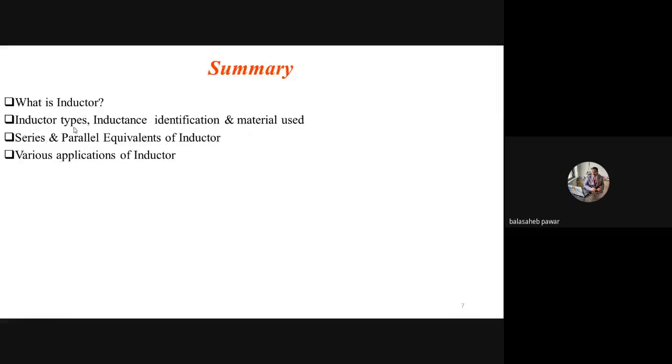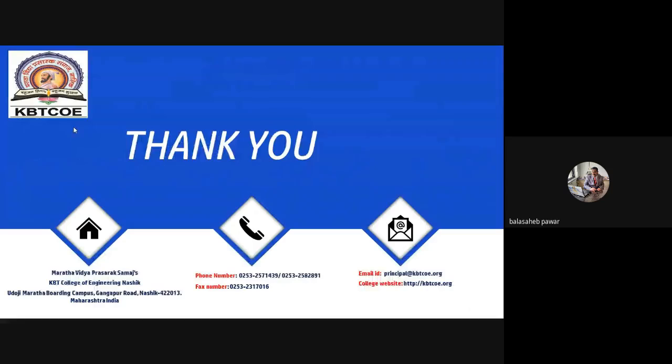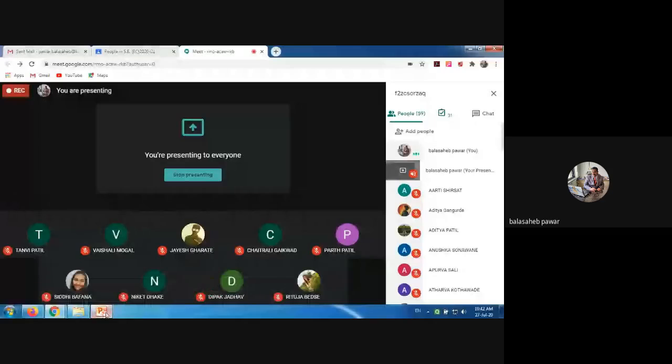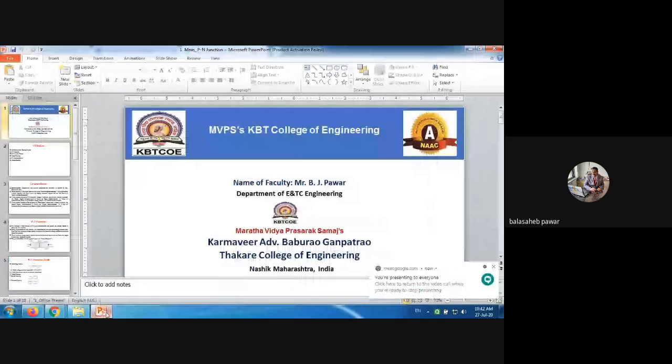Mostly inductors and capacitors are used for filtration purposes, and one extra application of the inductor is the tuned amplifier that we already discussed. So I think you have understood this topic also. Thank you very much, and we'll switch to the next prerequisite, which is the PN junction.